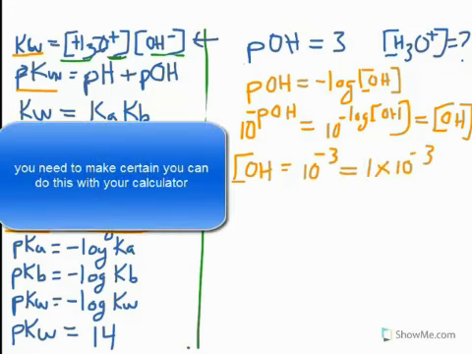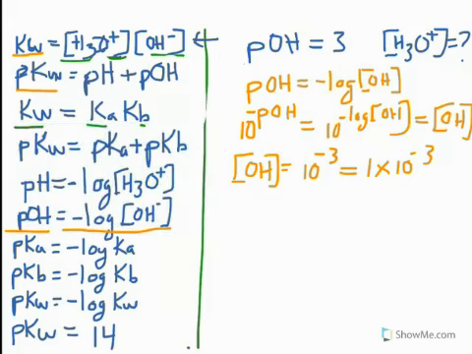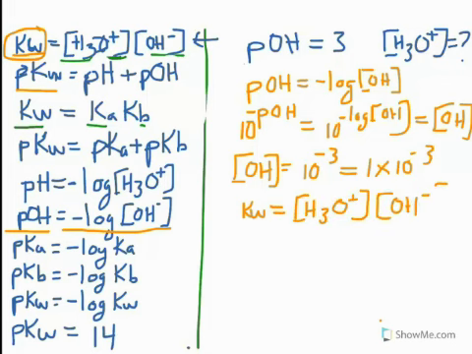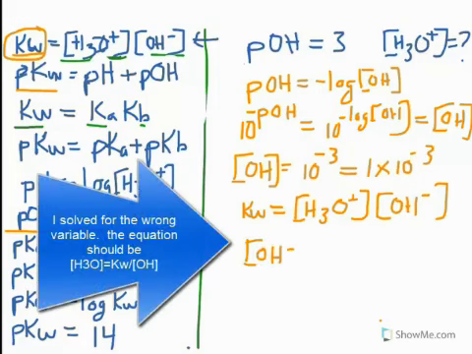Okay, so I've got the concentration of OH, but I asked for the concentration of H3O, so I'm going to use this equation up here. Kw equals the concentration of H3O plus times the concentration of OH minus. So the concentration of H3O plus is equal to Kw divided by the concentration of OH minus.